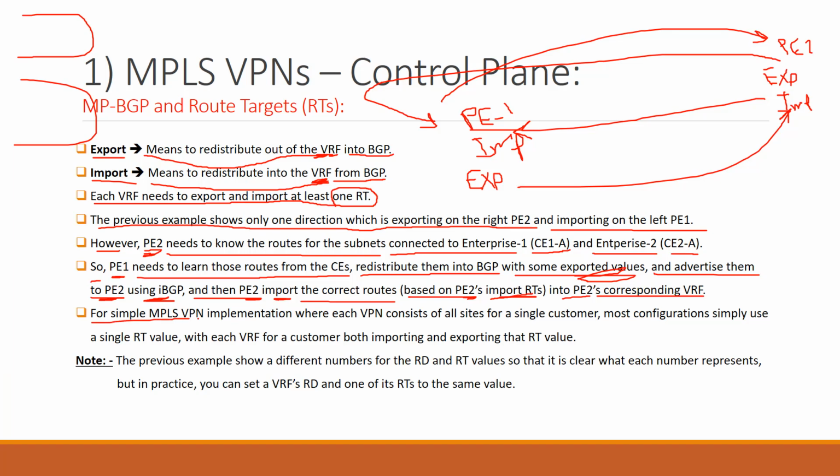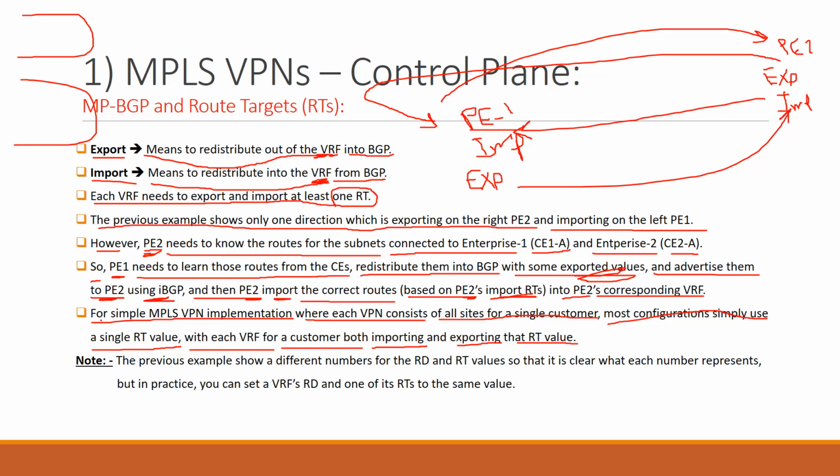So for a simple MPLS VPN implementation, where the VPN consists of all sites for a single customer, and this is what we are going to discuss in this video, most configurations simply use a single route target value, with each VRF for a customer both importing and exporting that route target value. Maybe I will not use this recommendation.